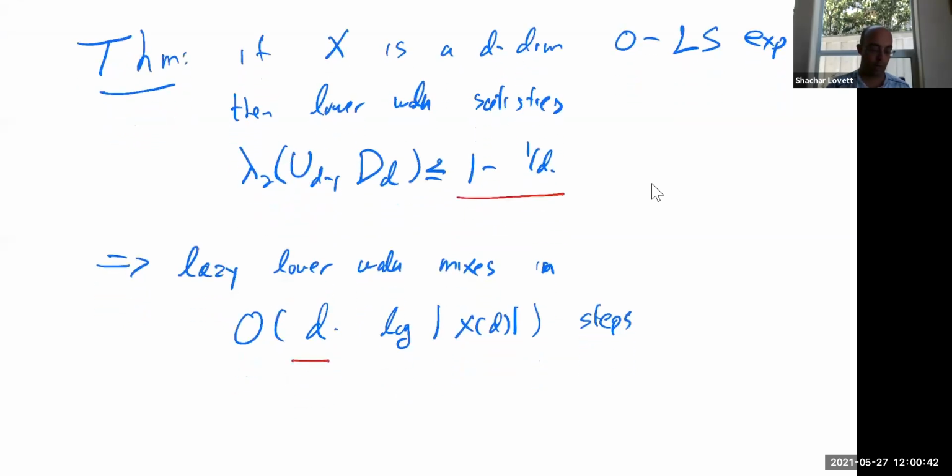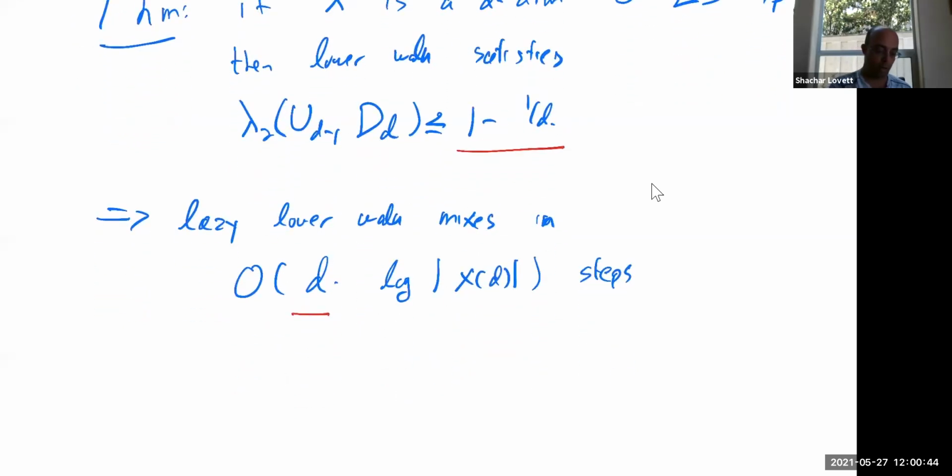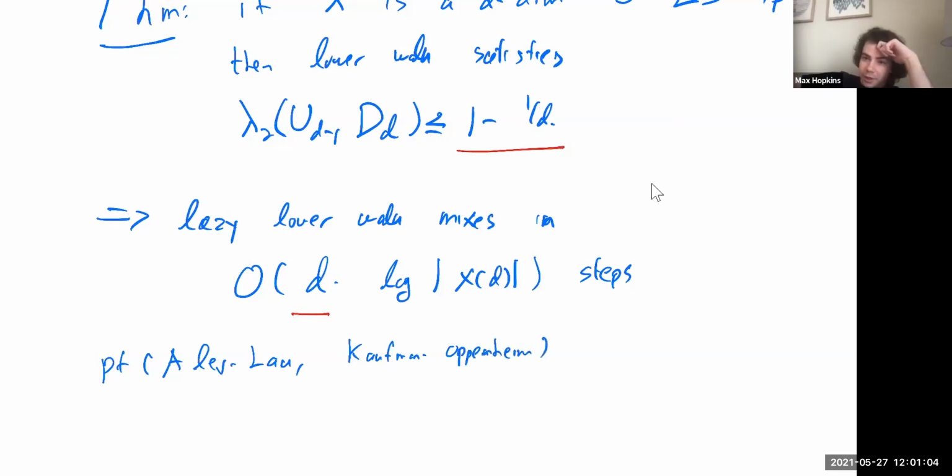Okay. I just want to also mention, before proving this theorem, the proof we're going to show you is going to be Alev-Lau. But actually, this version was also known before. This was by Kaufman and Oppenheim, yes? That's correct, Max? Yeah, this was originally proved by Kaufman and Oppenheim.